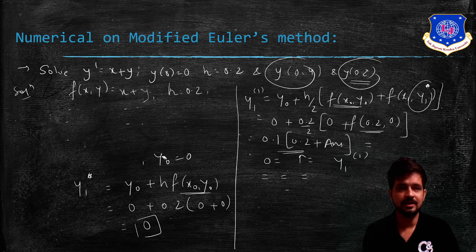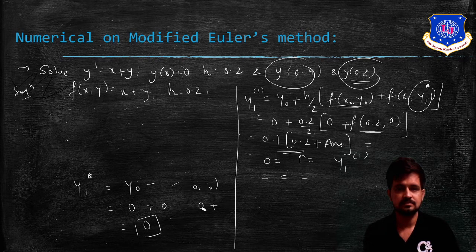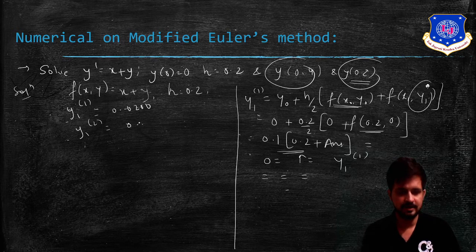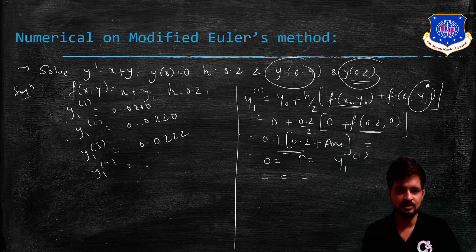Okay, so let me write the answers. My y11 will be 0.0200, then y12 will be 0.0220, then y13 is 0.0222, and y14 will also be 0.0222.